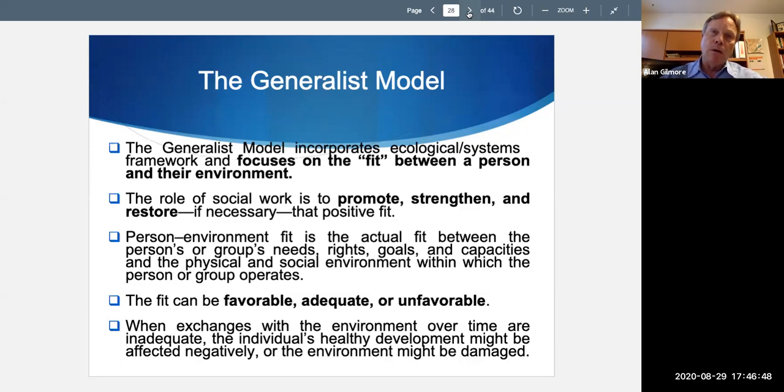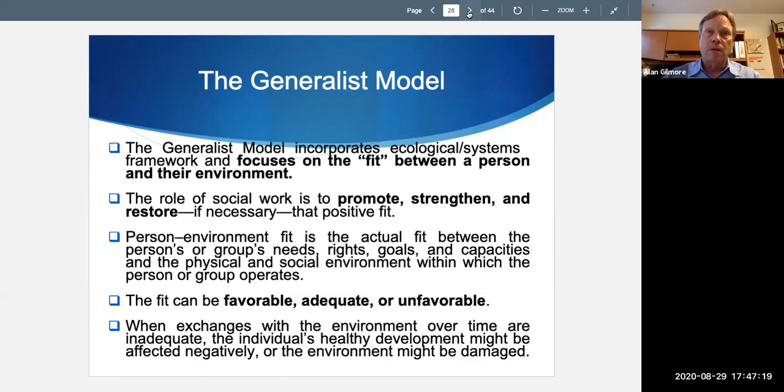So again, it goes back to, and I can't emphasize this enough, that we're always operating in a way of helping the client or the family fit more appropriately or operate more appropriately within a given environment. But we're also taking a look at ways that we can modify or change the environment so that it's more supportive of the family that's operating within it.